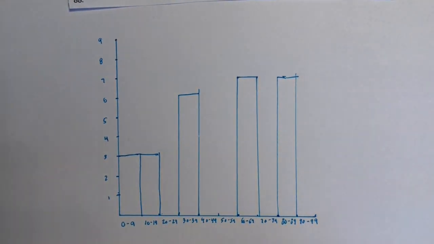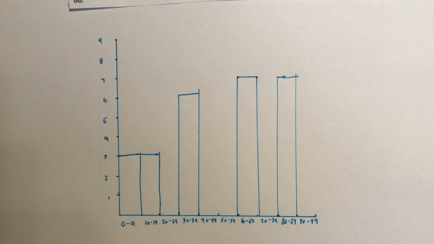Boom. And that is a histogram. Normally, there's a lot more connected pieces and whatnot, but you get the basic idea. It's all about how often these numbers appear in these ranges.